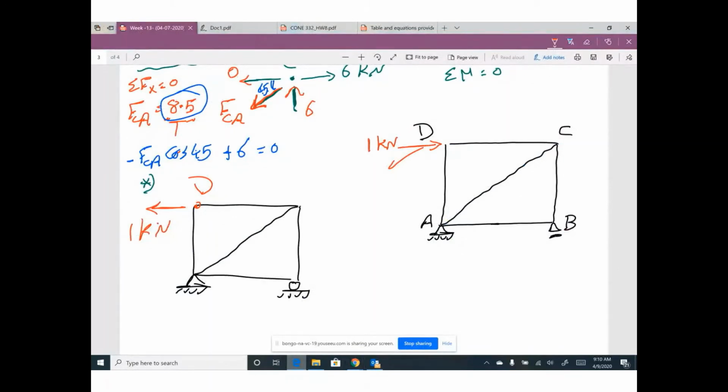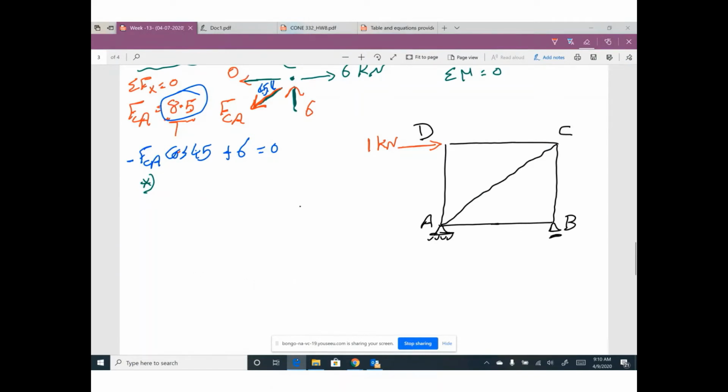You can assume what you want. You can assume any direction, but horizontal. To right or to left, it's up to you. Assume any direction as you like, but to be horizontal. So you can assume horizontal to right or horizontal to left.